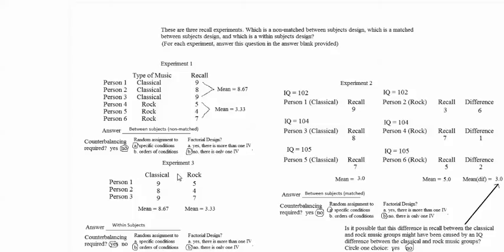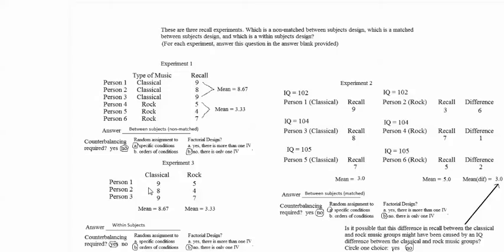This one down here, experiment 3, was within subjects design because we didn't have a classical group and a rock group. We just had one group of participants. And this one group of 3 people went through both conditions. Person 1 had their memory tested while listening to classical music, and at a different time had memory tested while listening to rock music.